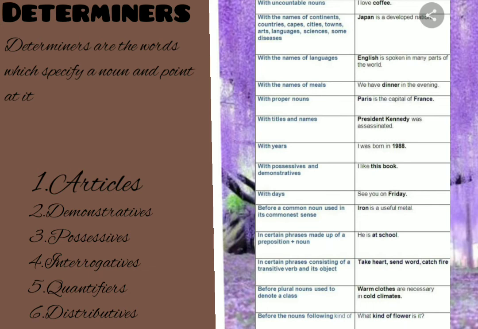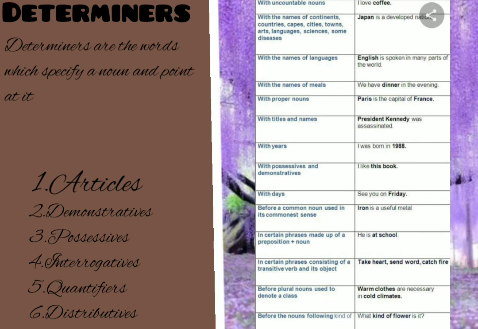Send, that is a verb, and word, that is the object. We skipped the article here. Catch fire, what is catch? That is again a verb, and fire, that is the object. So we omit articles here. Before plural nouns used to denote a class, like warm clothes. Clothes, that is of course a plural noun, so we omit articles in such cases.